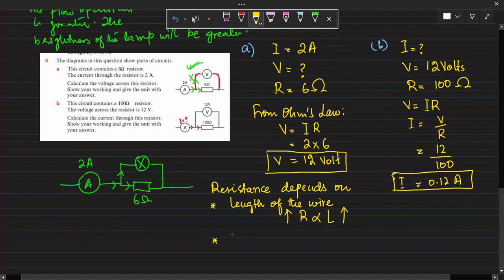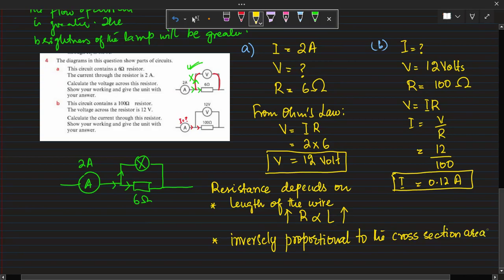Second thing is resistance is inversely proportional to the cross section area of the wire.